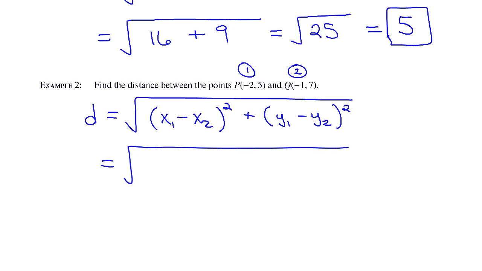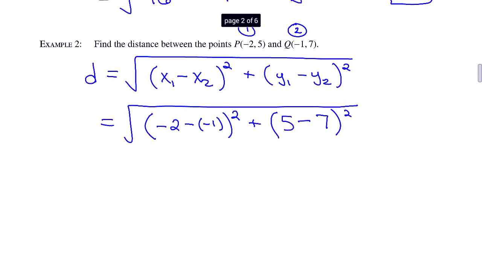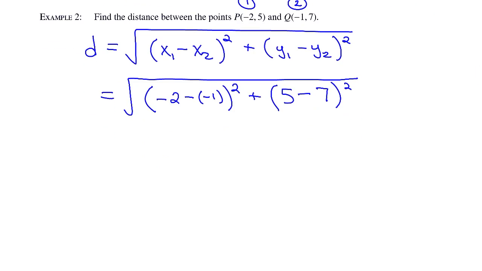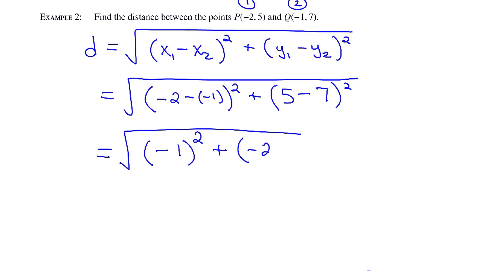The distance is the square root of (-2 minus -1) squared plus (5 minus 7) squared. This is equal to the square root of: -2 minus -1 is -1, so that's (-1) squared, plus 5 minus 7 is -2 squared.